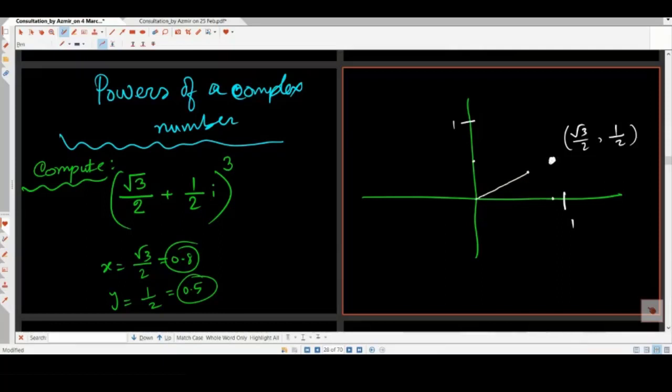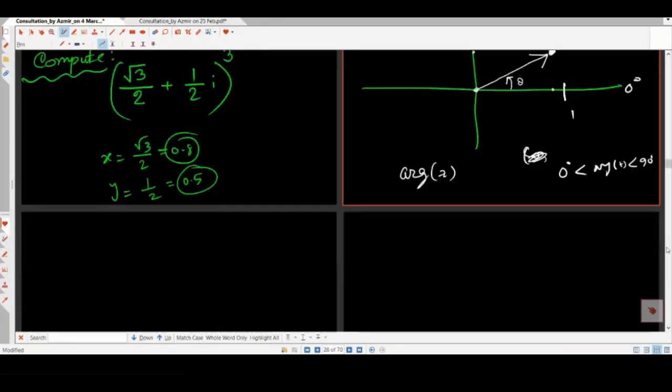Any complex number is a point that can be directed from the origin to the point, so it is acting like a vector. Now we can think about what the argument will be. The argument should be between 0 degrees and 90 degrees because our point is in the first quadrant. So let us make that assumption for the argument.